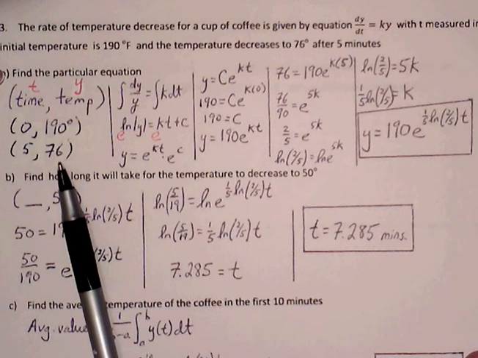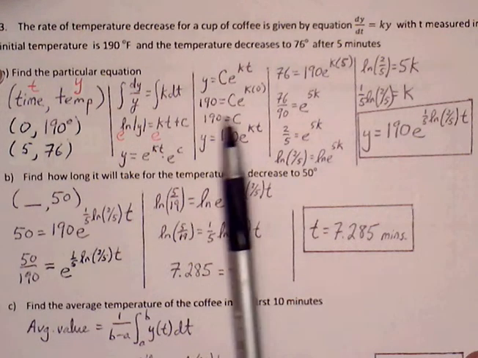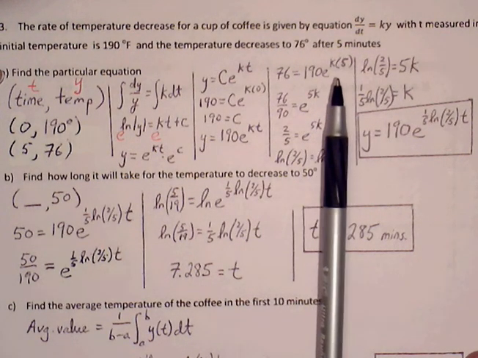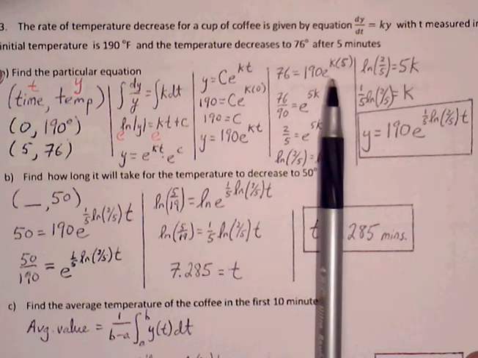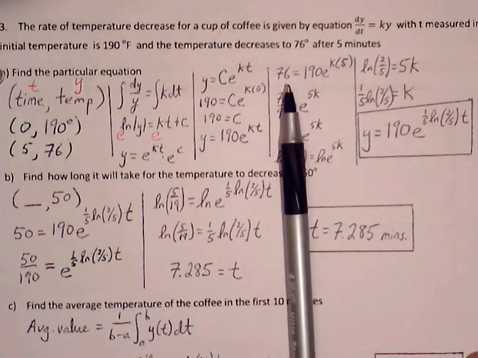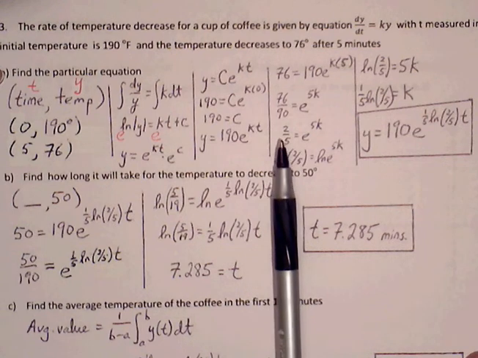76 plugs in for y, 5 plugs in for t, so we get 76 equals 190 e to the 5k. We want to eventually bring the 5k down, but we first want to isolate this e to the 5k first. So let's divide both sides by 190, and that reduces to be 2/5.